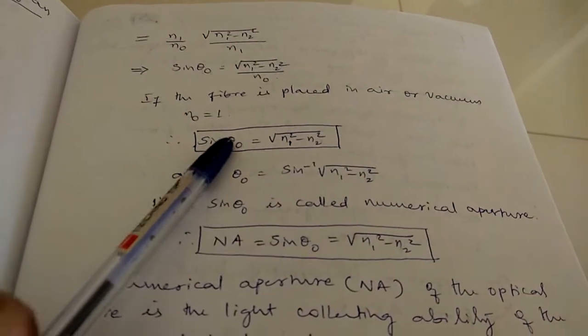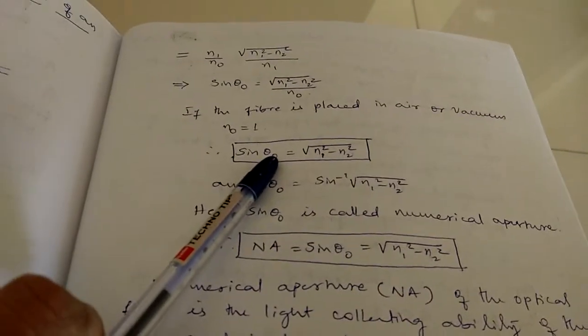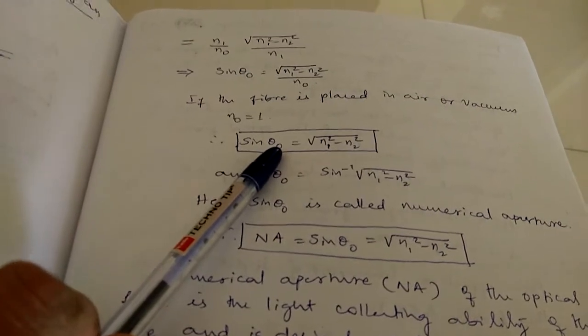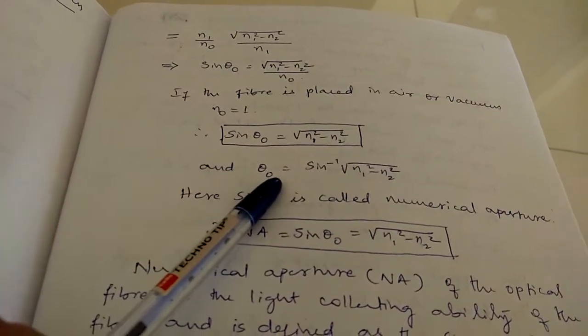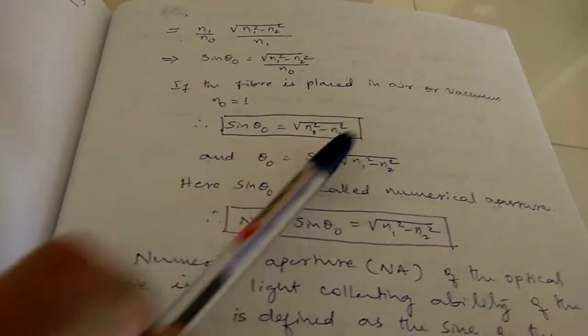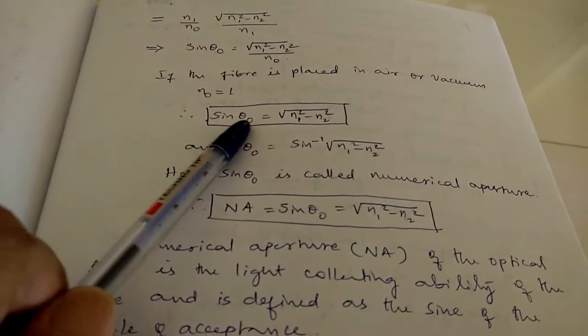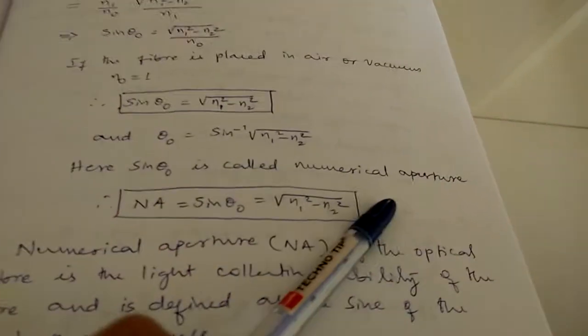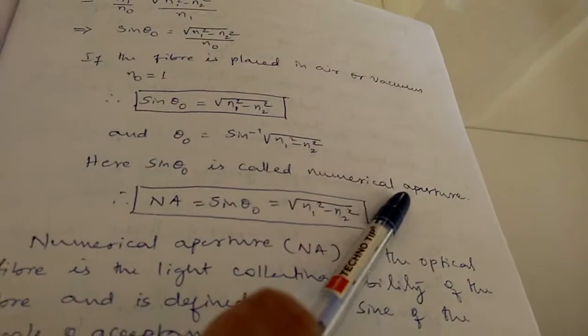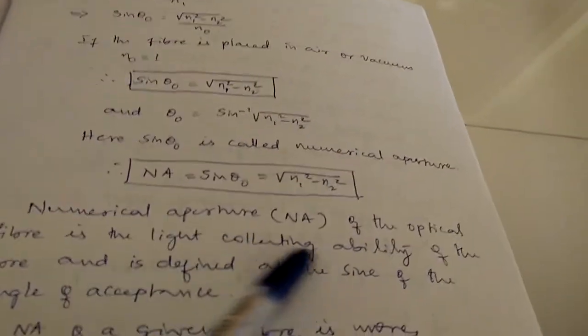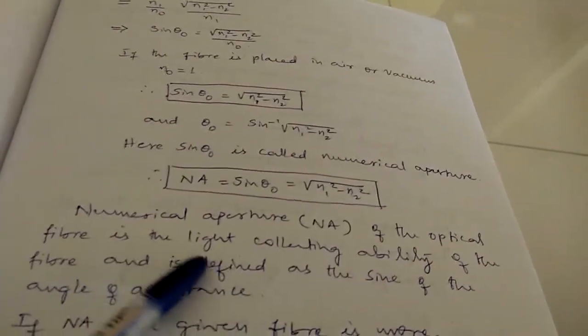And what is this theta naught? This is the angle of acceptance, which can be defined as sine inverse of this. This sin theta naught is also known as numerical aperture. What is this numerical aperture? It is the light collecting ability of the optical fiber.